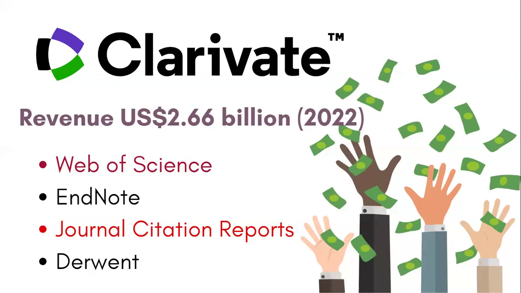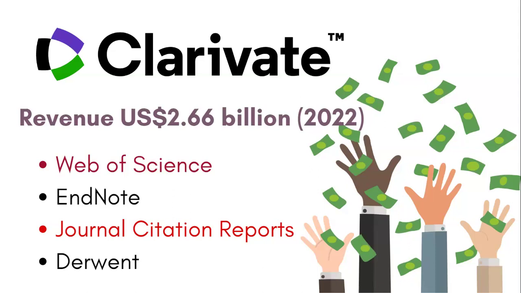The revenue in 2022 was 2.66 billion US dollars, and the revenue has been accumulated based on these services. The services are Web of Science, EndNote, Journal Citation Reports, and their rent.